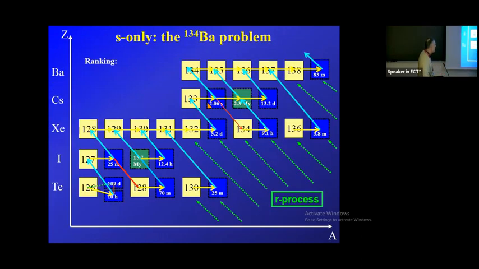If we look at the path in this region, the neutron capture of cesium-133, which produces cesium-134, we see that cesium-134 has a lifetime of 2 years. Again, we are in that region where a branching in the s-process may occur or not, and obviously this branching determines the value of barium-134.